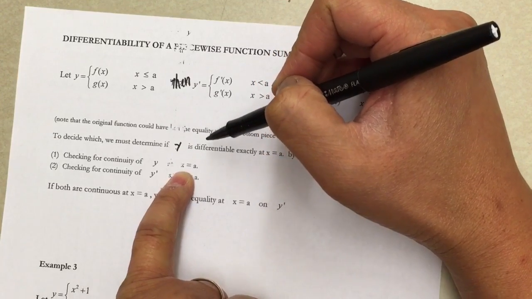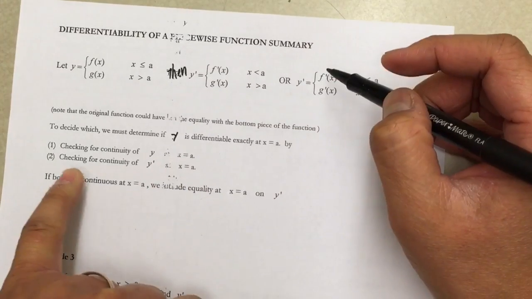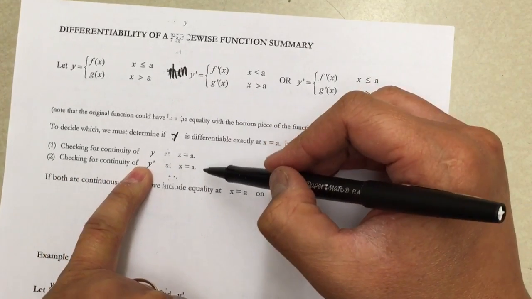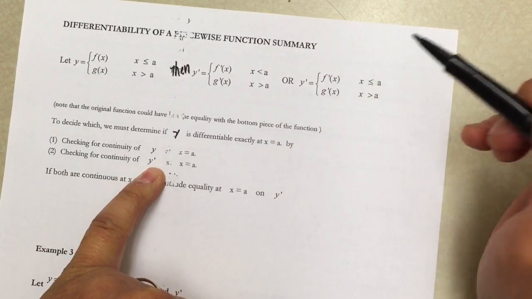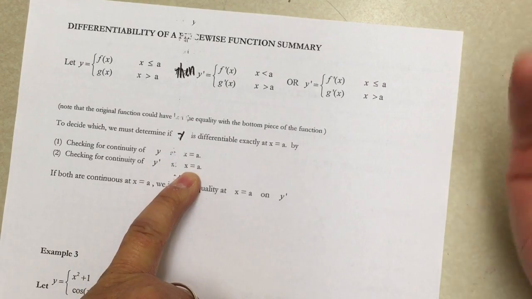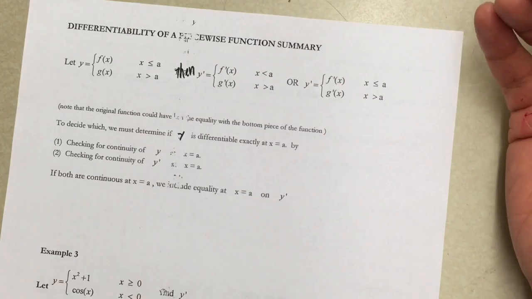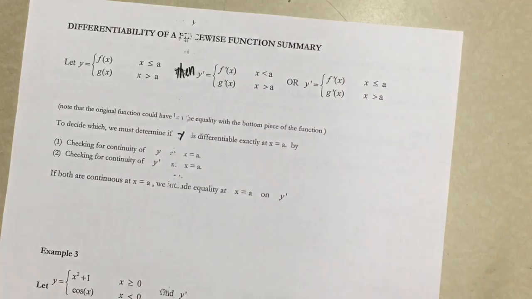In the first two examples, both of those functions were continuous at x equals a. And we also need to check for continuity of the function y prime at x equals a. And if both of these conditions are satisfied, then we include the endpoints.